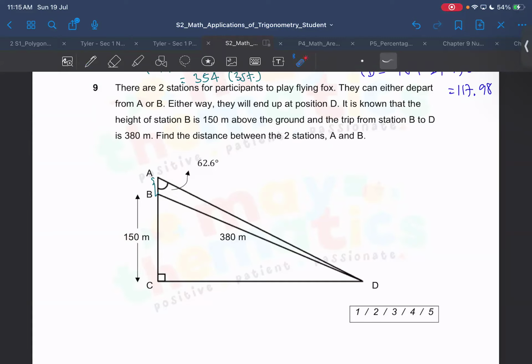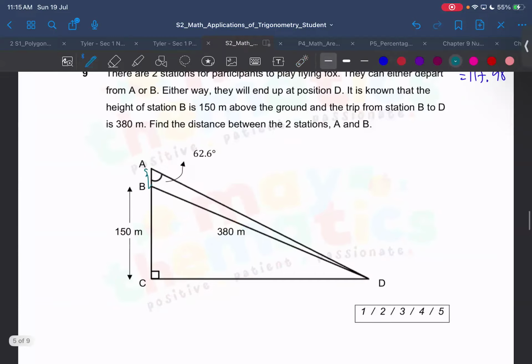Okay, so what can I find first? The length of CD, correct? I know some of you will be like, can I use Pythagoras? The answer is yes. You're supposed to use Pythagoras here because this is a right angled triangle and you already have two sides.